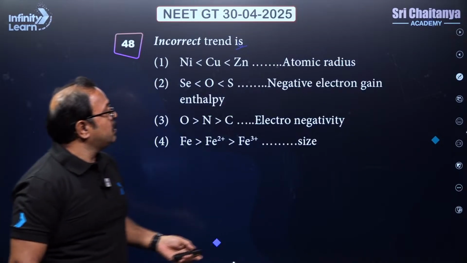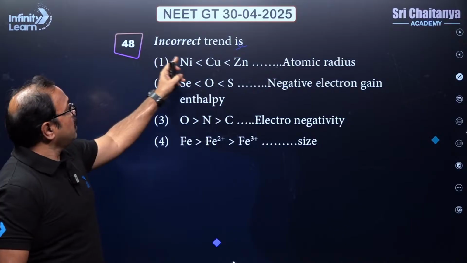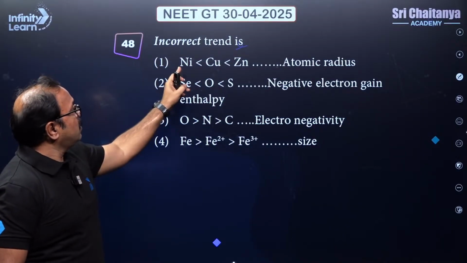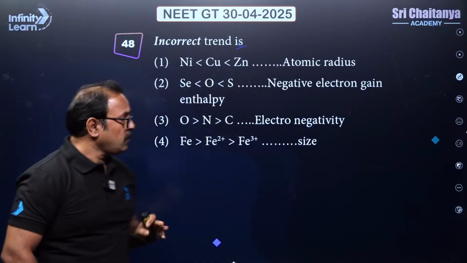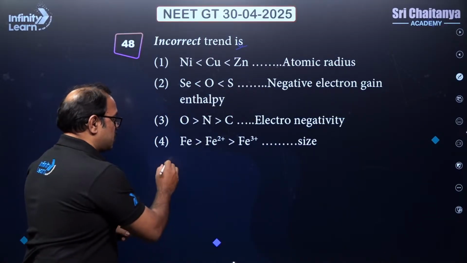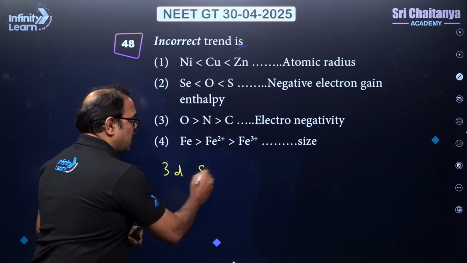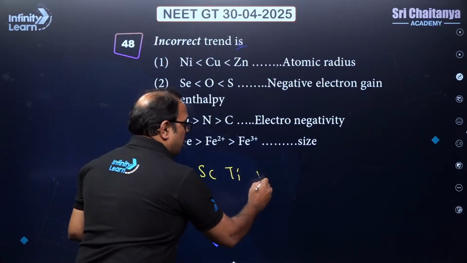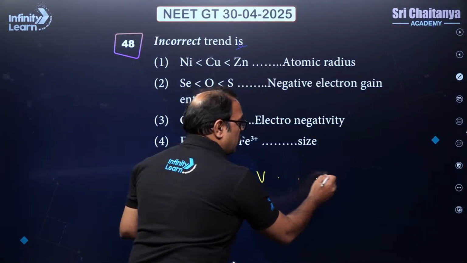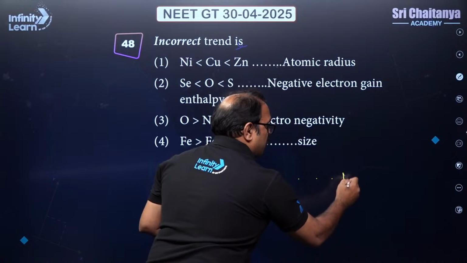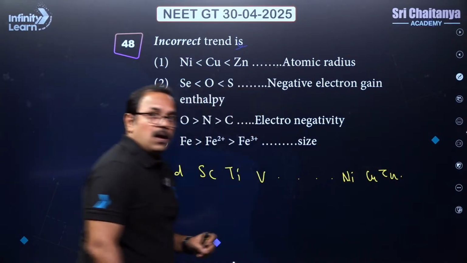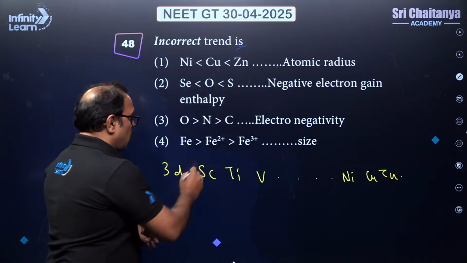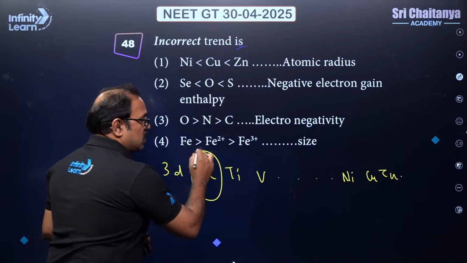Now let us see the next question. The incorrect trend is... here nickel, copper and zinc, they have given atomic radius. In the 3d series we have scandium, titanium, vanadium, chromium, manganese, iron, cobalt, nickel, copper and zinc. In atomic size, scandium has the larger size.